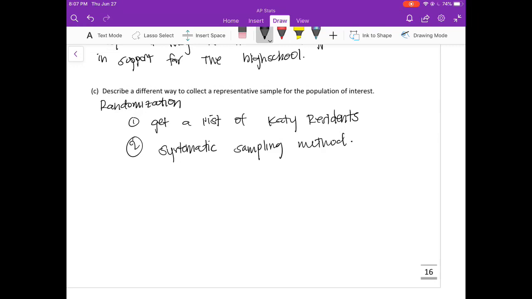This will eliminate the bias that might occur.